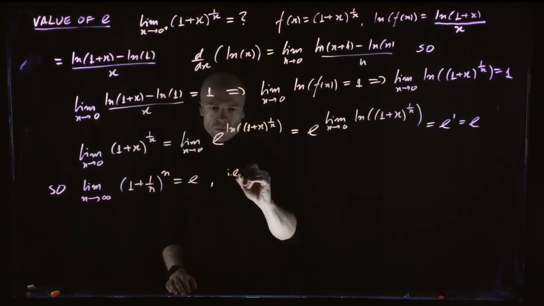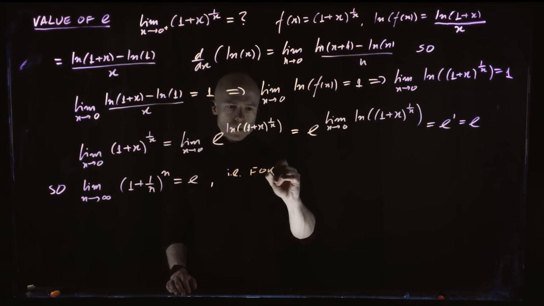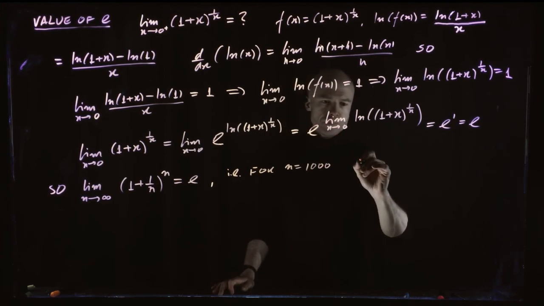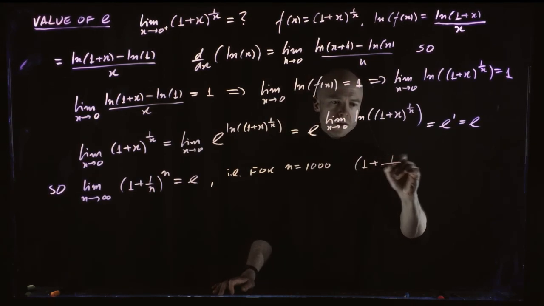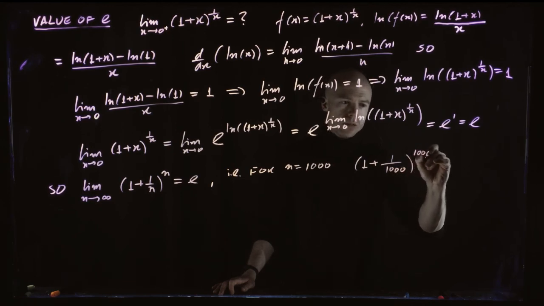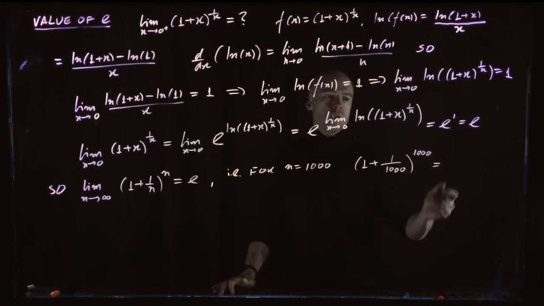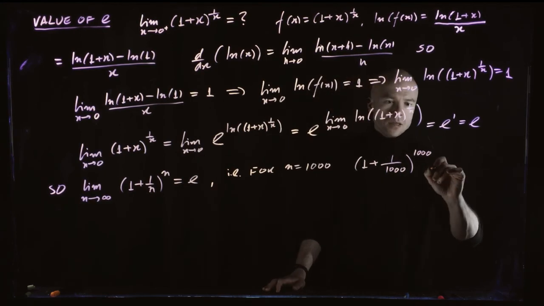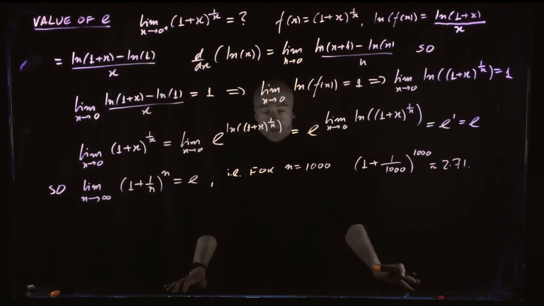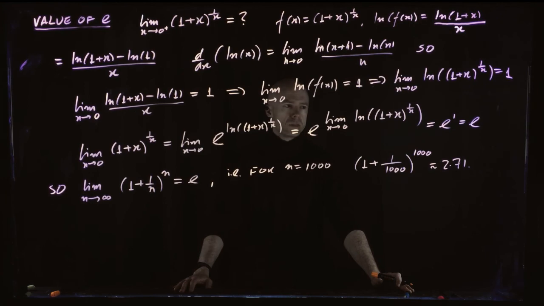For n equals, say, 1,000, then (1 plus 1 over 1,000) to the power of 1,000 is some number which is pretty close to e, 2.71 and so on. And the better approximation you want, the higher value of n you stick into this, and that is how you calculate e. That's actually how we know this value of e.